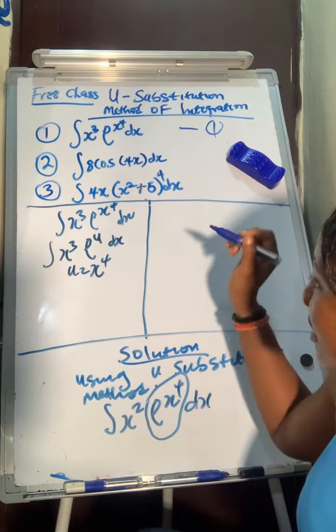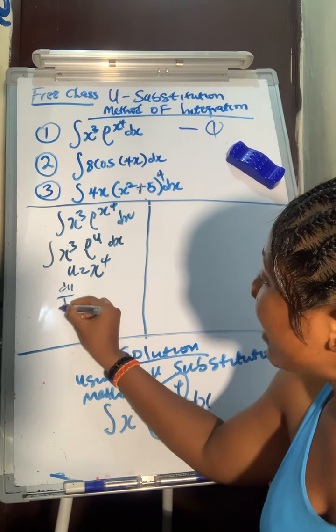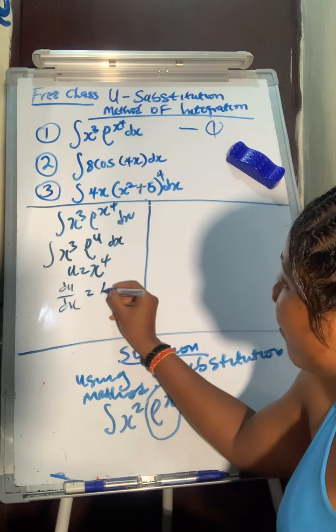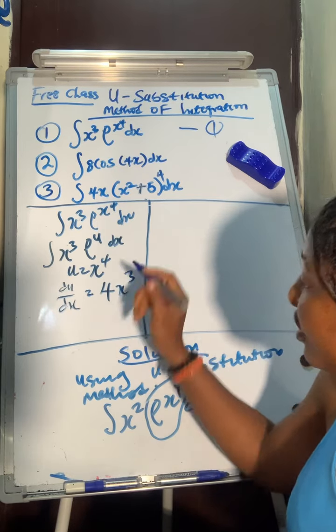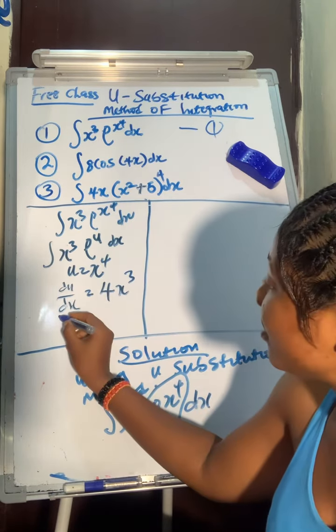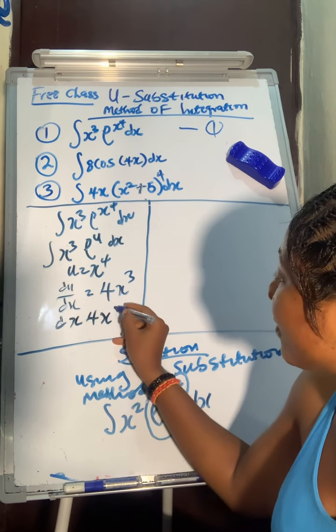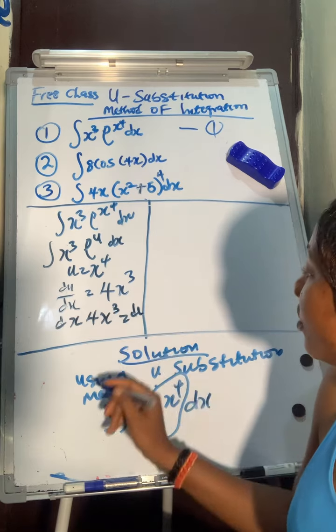Now we've gotten this. Now the du dx of this is 4x to the power 3. Once you make dx the subject of the formula, you say dx times 4x to the power 3 equals du.